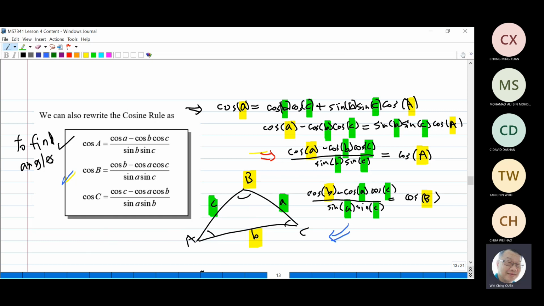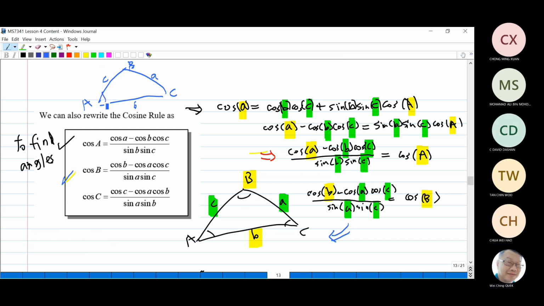So let me use the color here. I get A, B, C there. This one is B here, this is A here, this is C here.